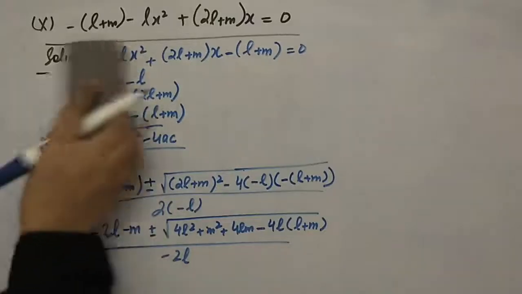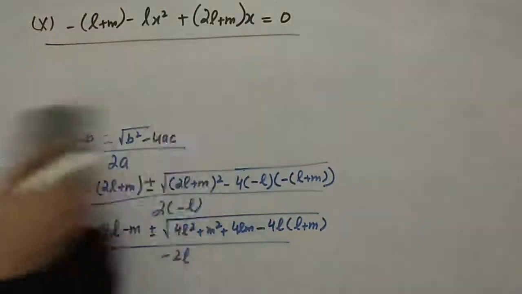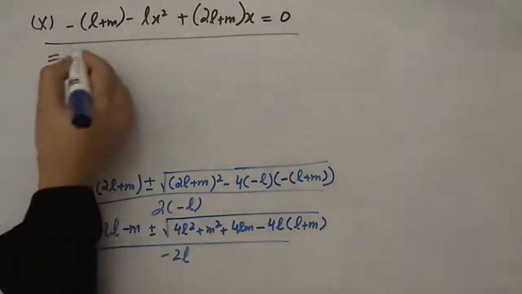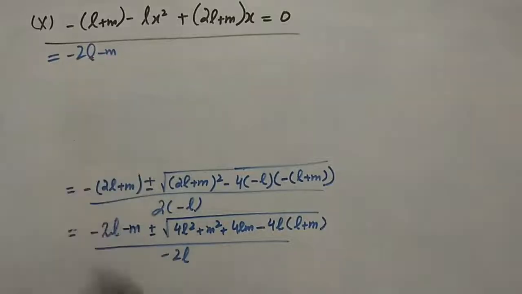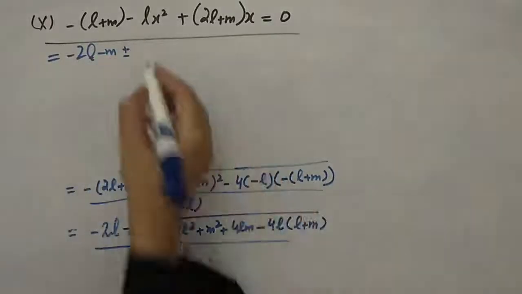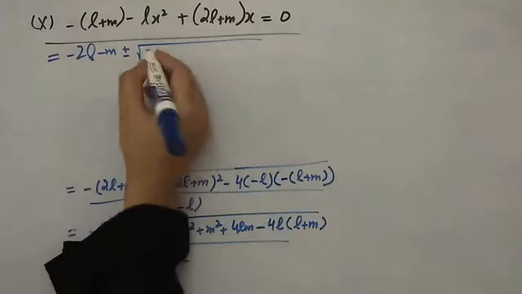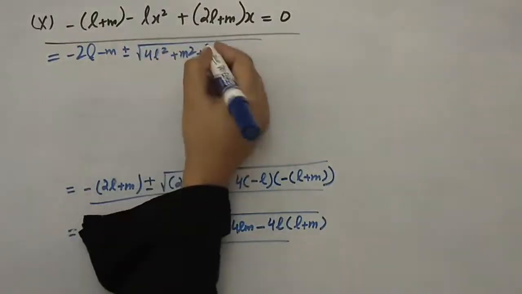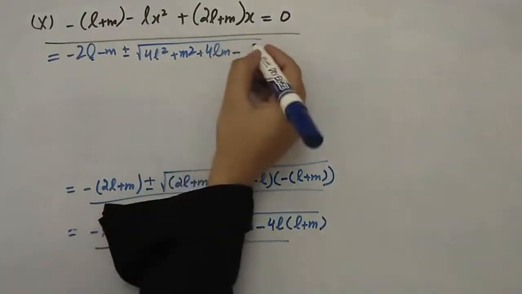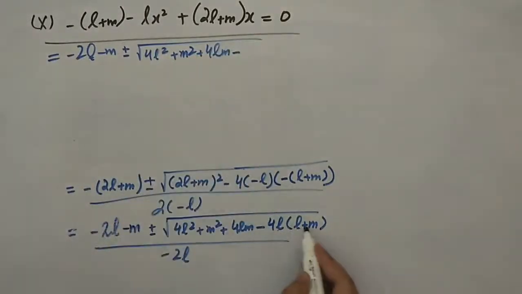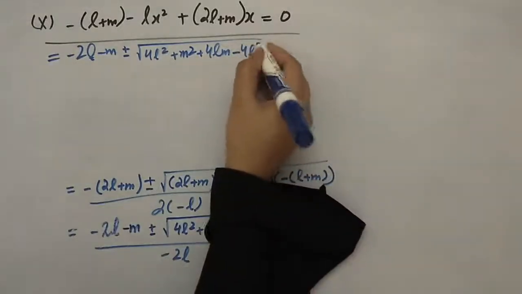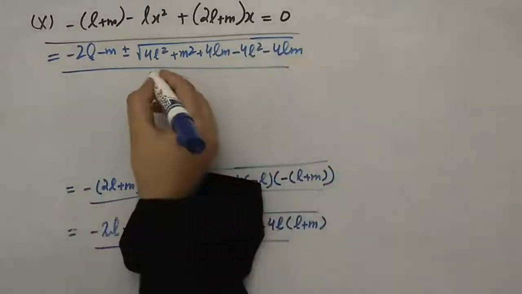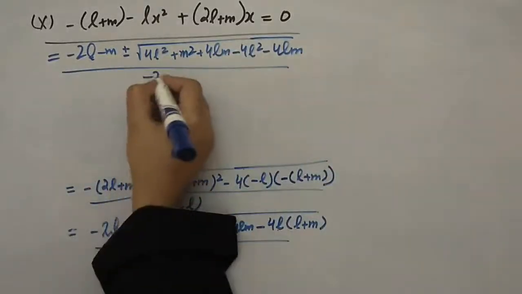So we will erase it. Minus 2l minus m plus minus under root 4l square plus m square plus 4lm minus 4l square minus 4lm. Clear? Over 2a, minus 2l, which means.